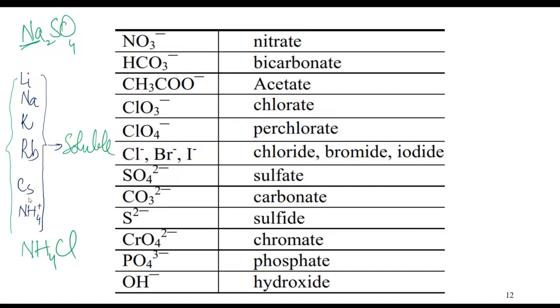Rule number 2. These first 5 ions here: when you see these ions present in any compound, that compound will be soluble. So if I ask you Al(NO3)3, aluminium nitrate, is it soluble or insoluble?